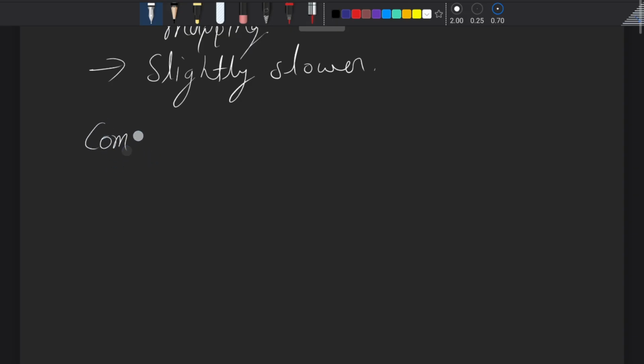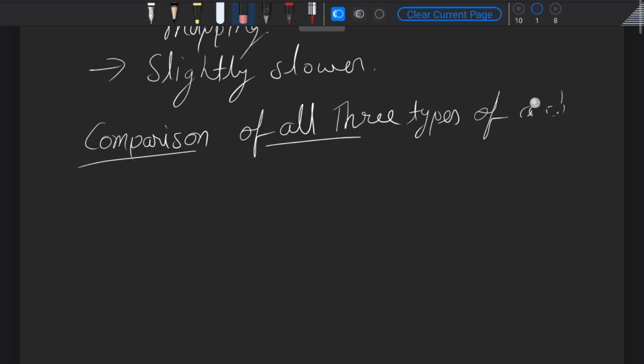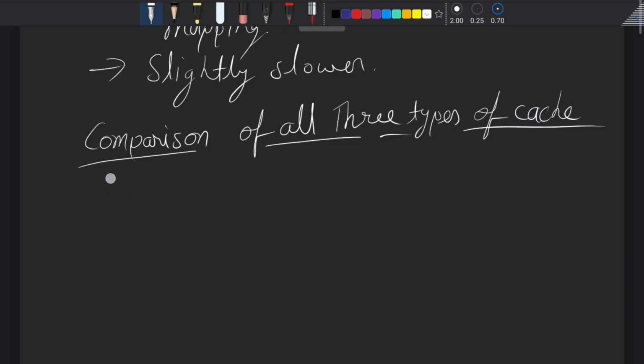Here is a comparison of all three types of cache mapping.